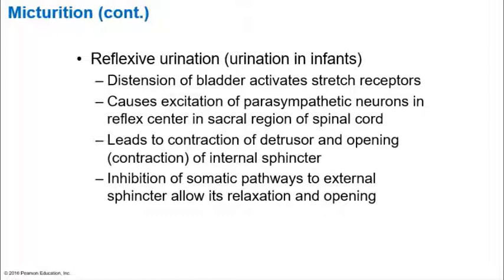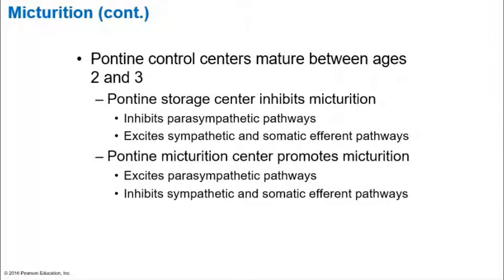And at the same time, you're going to inhibit the somatic pathways because the baby's not thinking about it. And this will lead to the opening of the external sphincter. So that's how little babies are urinating. They're not thinking about any of it. It's all thanks to a reflex arc coming into play for them to help them to empty the bladder.